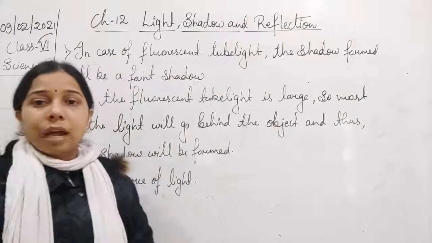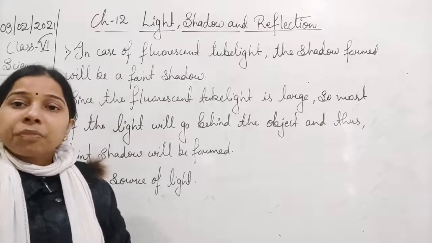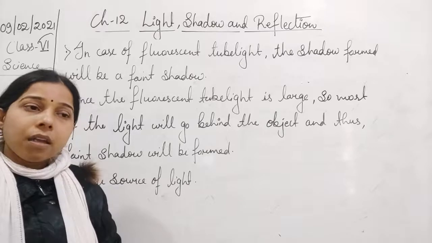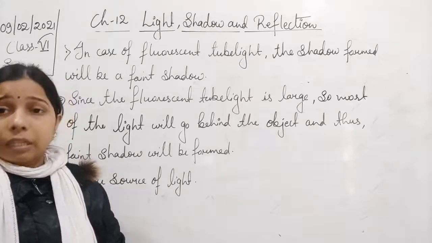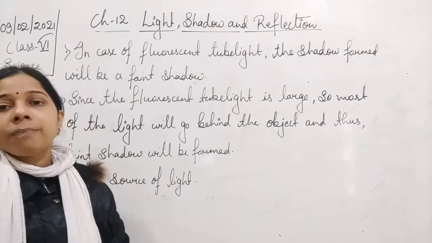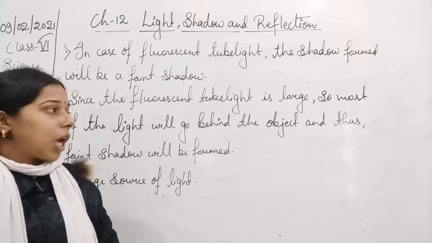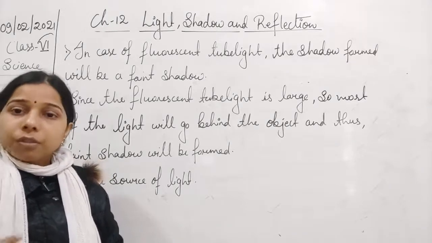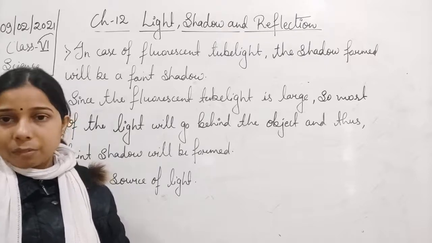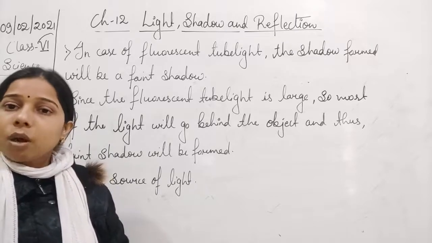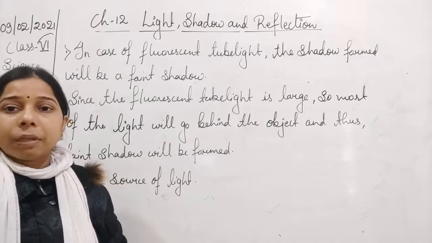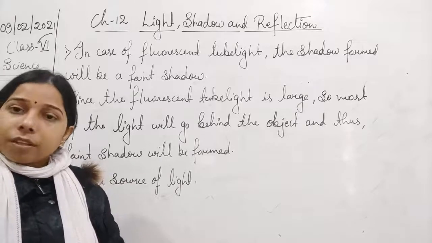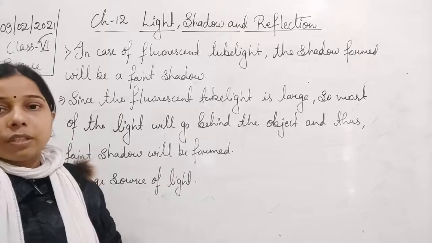So here we have seen, students, that when the source of light is small, the shadow will be faint. When the source of light is very large, then also the shadow will be faint. When the object is very far from the screen, then the image formed will be faint, or no shadow will be formed there. When the object is near the screen, then only the shadow will be formed.